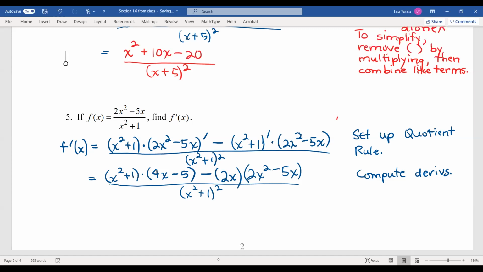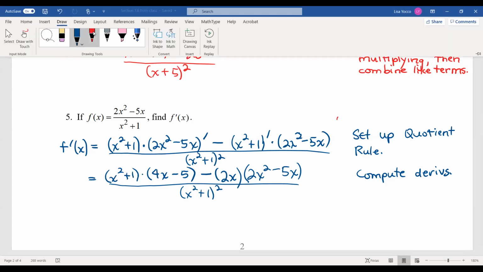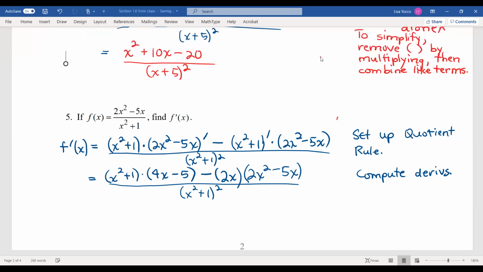All right. Now I'm in the simplifying part. So again, this is FOIL. This is distributive. And what I'll be distributing over there is the minus 2x. It goes all together.